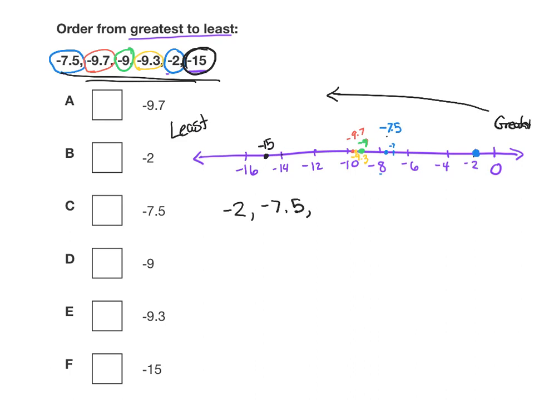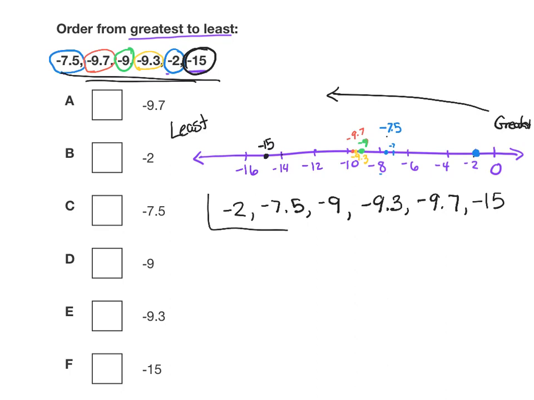Then keep on going from right to left. I see negative 9 is next in green, and then I see a negative 9.3 in yellow, and then a negative 9.7 in red, and then keep on going, I get to negative 15.